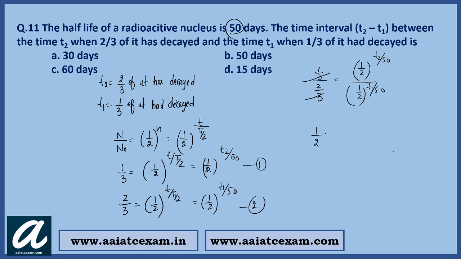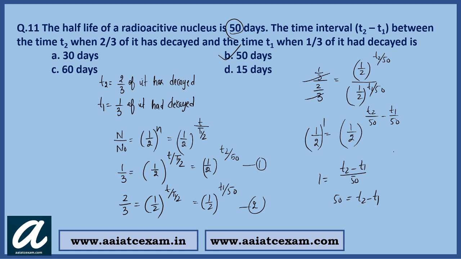So you'll get 1 upon 2 equal to 1 upon 2 raised to the power t2 by 50 minus t1 by 50. Now students, can I compare both sides? I'll say 1 is equal to t2 minus t1 by 50. So 50 is equal to t2 minus t1. So the time difference is 50, students. It will take 50 days.